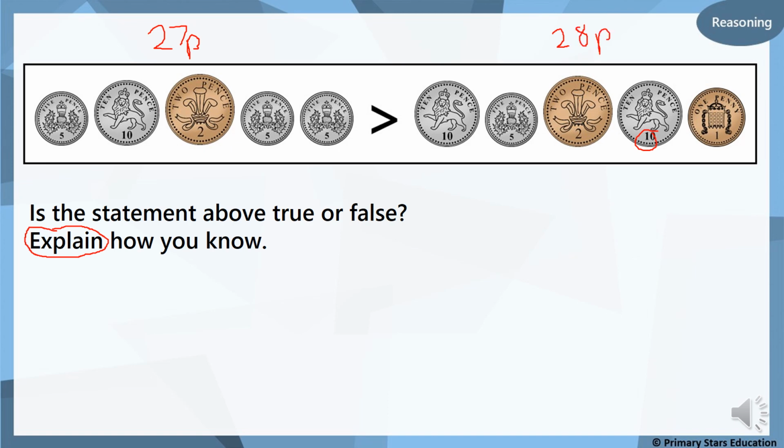Now, have a look at the sign here. This shows that 27 pence is greater than 28 pence. Is this correct? Have a think. Can you say why you think that is right, true or false?